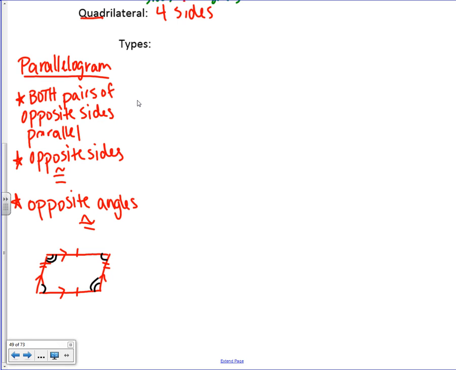Next, we have a rhombus. Now, a rhombus is a type of parallelogram. So all the things that a parallelogram has, a rhombus also has, except for a rhombus has all sides congruent.